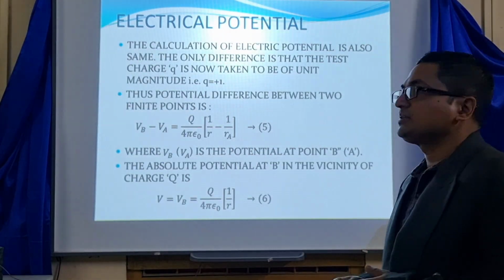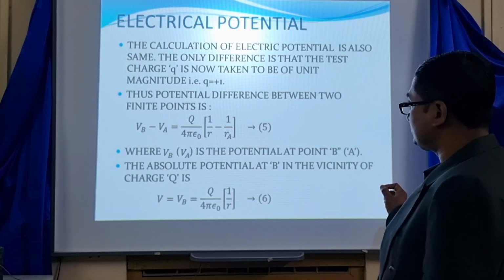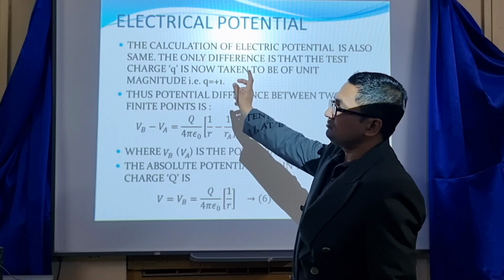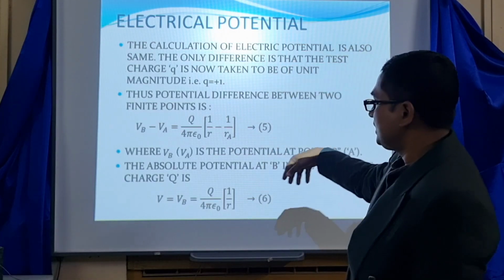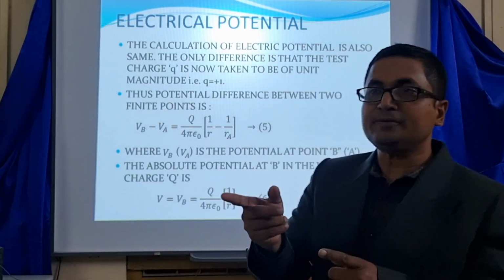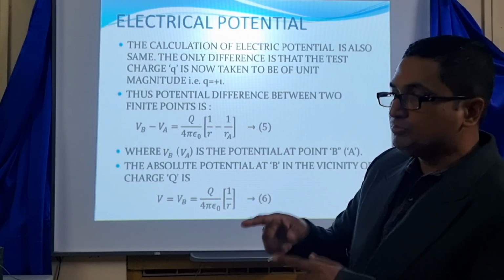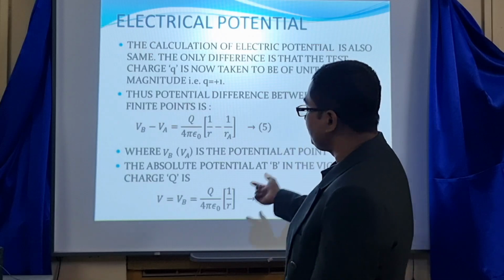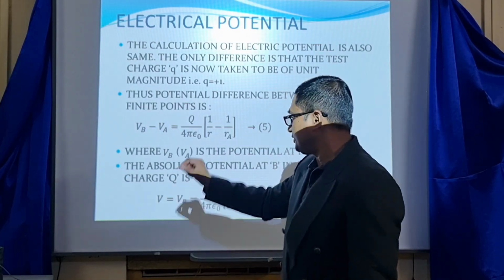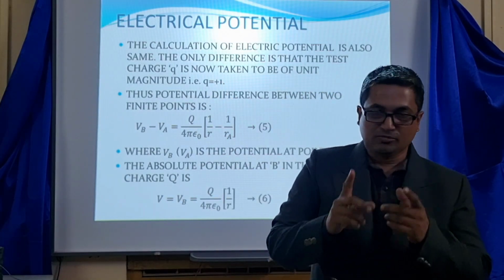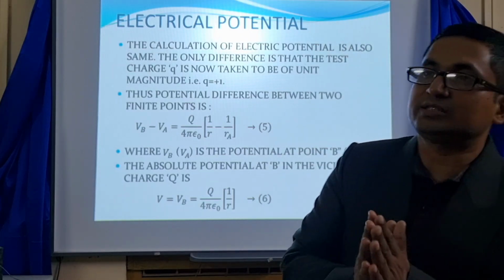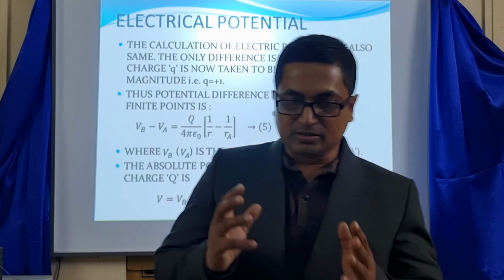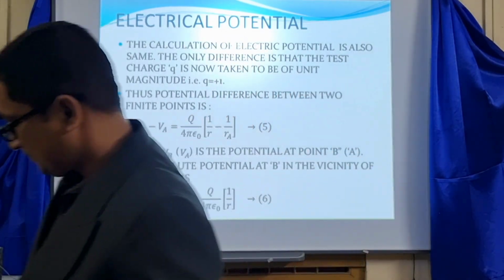So coming back to potential, it's simply the potential energy where we replace the test charge, which we have brought from infinity or from a finite distance, with simply +1, a unit magnitude positive charge. Everything will change: U will become V, UB will become VB, UA will become VA. So potential and potential energy are the same thing, only the test charge is of unit magnitude and positive.